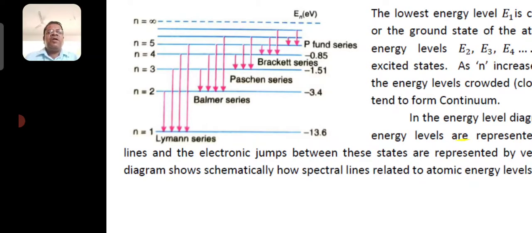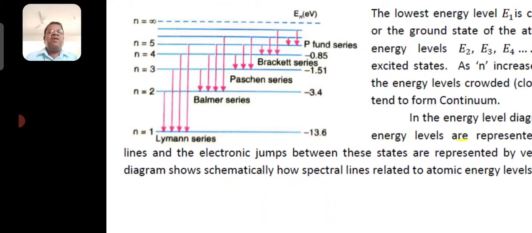For the first member, the higher orbit number is 2 and the lower orbit number is 1, which gives the longest wavelength of the series. And for n equals 3, if an electron jumps from the third level to the first level, we get the second member of the Lyman series.